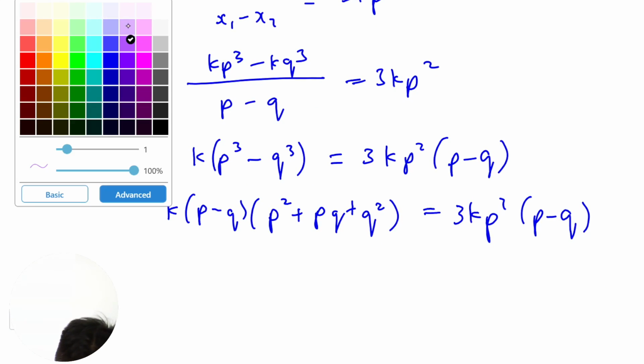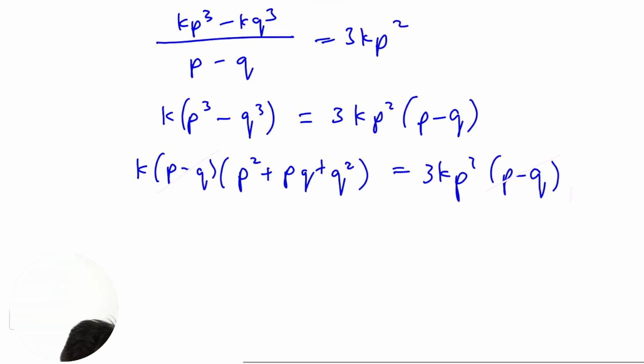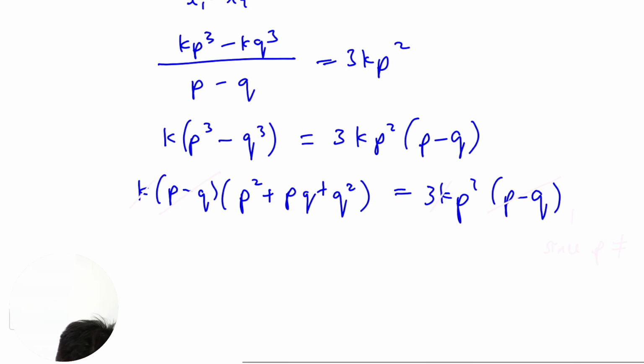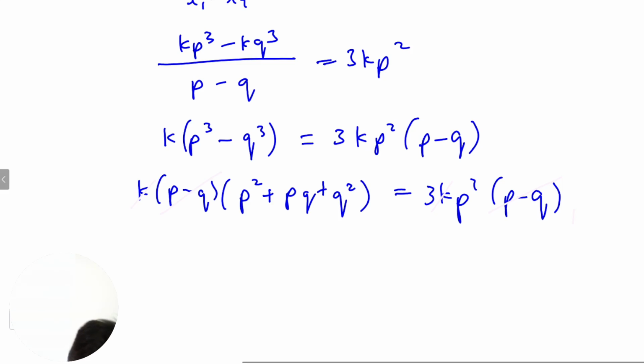Make sure you understand when you cancel away. This one cancels here and here, since p cannot equal q. p cannot equal q, right? Understand why you can cancel this, since p is not equal to q.